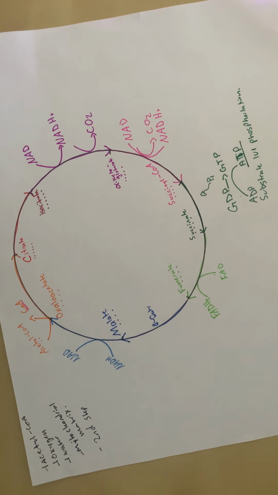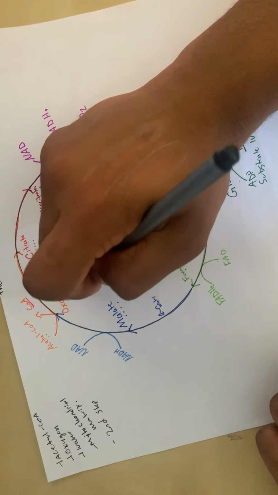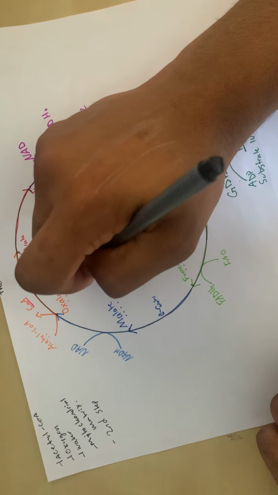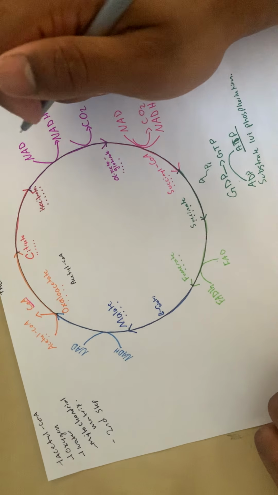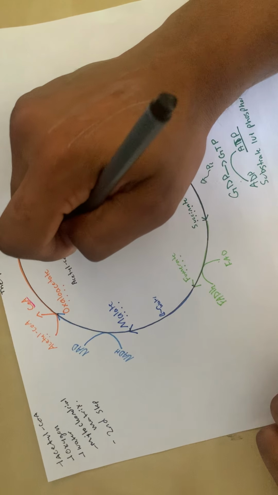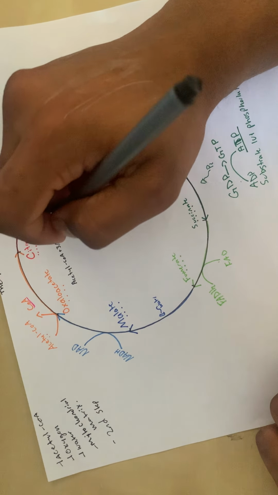So that's the process. Now let's summarize this real quick. So to start off, we had 1 acetyl-CoA. We had 3 NAD molecules. We had 1 FAD.